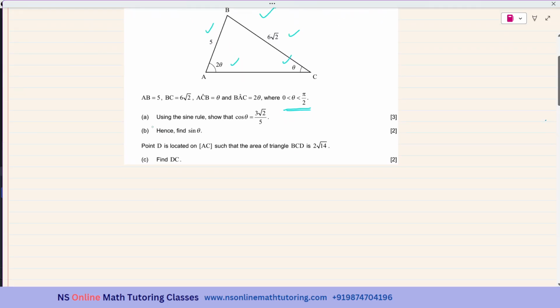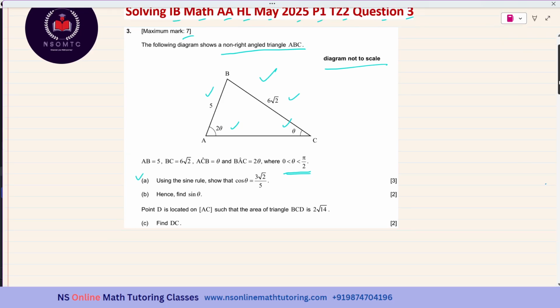It is an acute angle. Part A's question is: using the sine rule, show that cos theta equals this. Let me start from this point. Using the sine rule, we have these two angles given in terms of theta, and these two side lengths given.